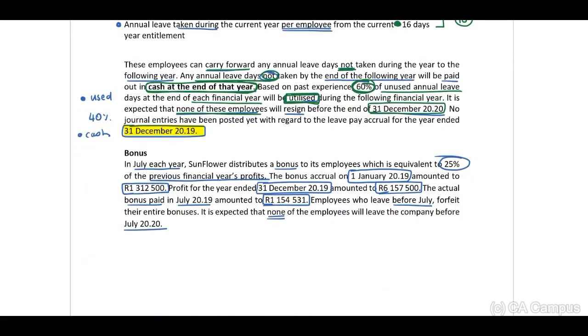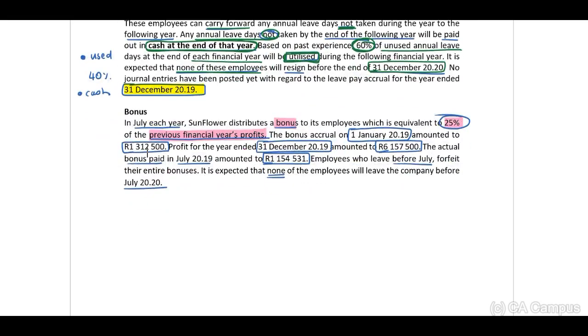Right. Okay, bonus. Last section. They indicate to us, in July each year, Sunflower distributes a bonus to the employees, which is equivalent to 25% of the previous financial year's profits, right? And they indicate to us, on 1 January 2019, the bonus accrual was 125,000. The profit for the year is 615,500. The actual bonus paid in July was 1154531.